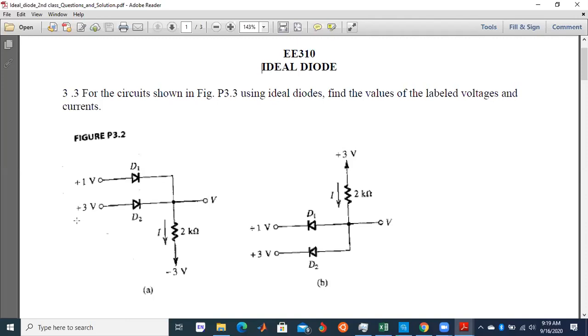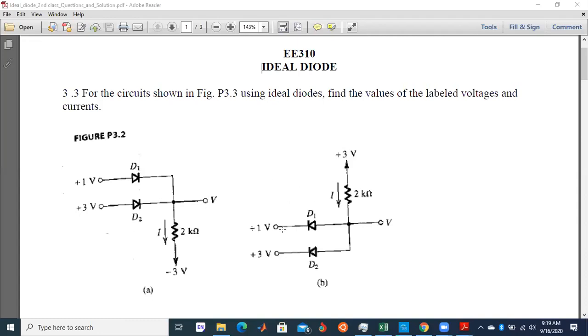For the OR gate, you go for the higher voltage source, that is the voltage source with higher potential. The diode that is attached to that voltage source will be the diode that will be on.